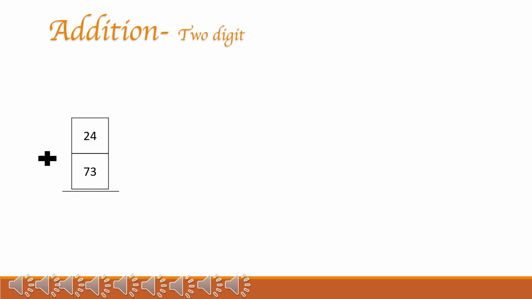We have to add 24 and 73. So let's identify which numbers are at tens place and which number is at ones place in both the numbers. We'll start addition from ones place, right? So at ones place we have 4 and 3.